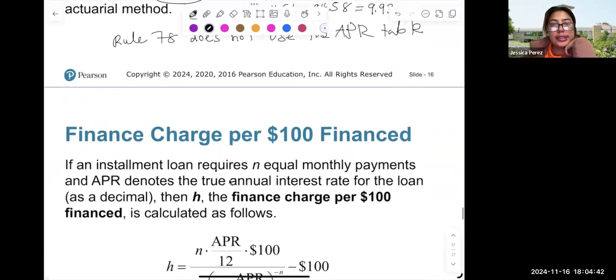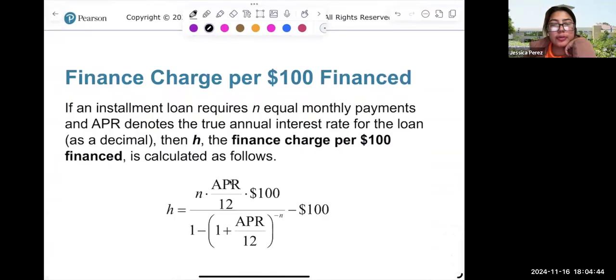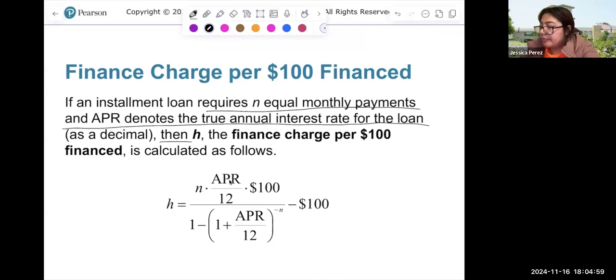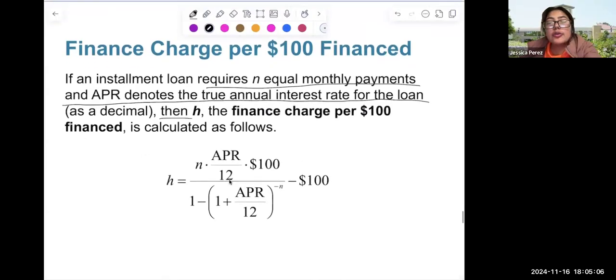Now, the last slides talk about finance charge per $100 financed. So if an installment loan requires N equal monthly payments and the APR denotes the true annual interest rate of the loan, then H, the finance charge per $100 financed, is calculated differently. So this one, the H will denote the APR when the APR denotes the true annual interest.